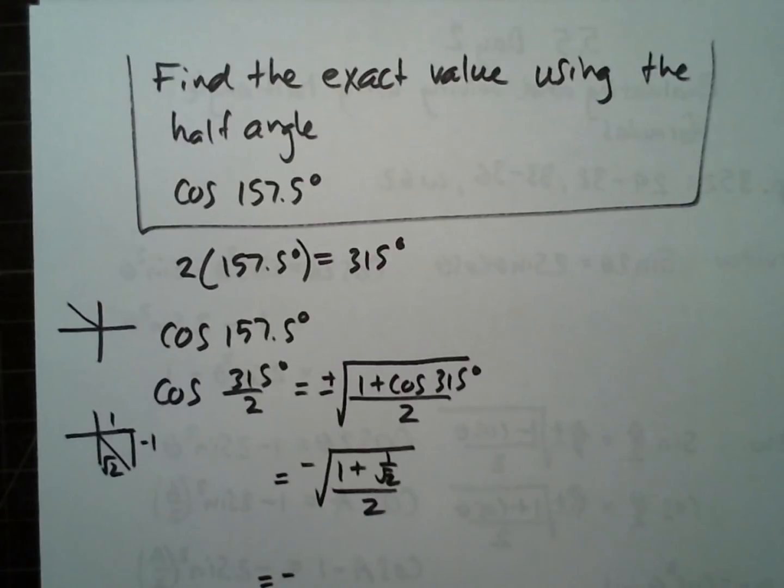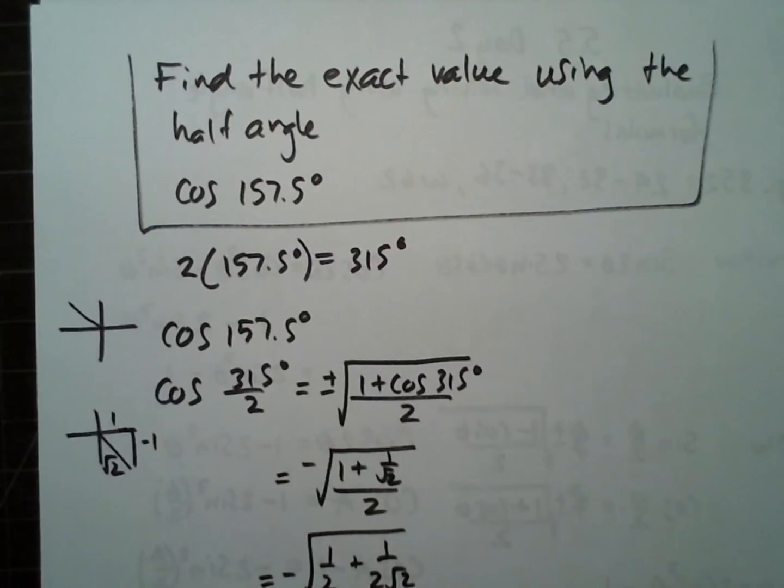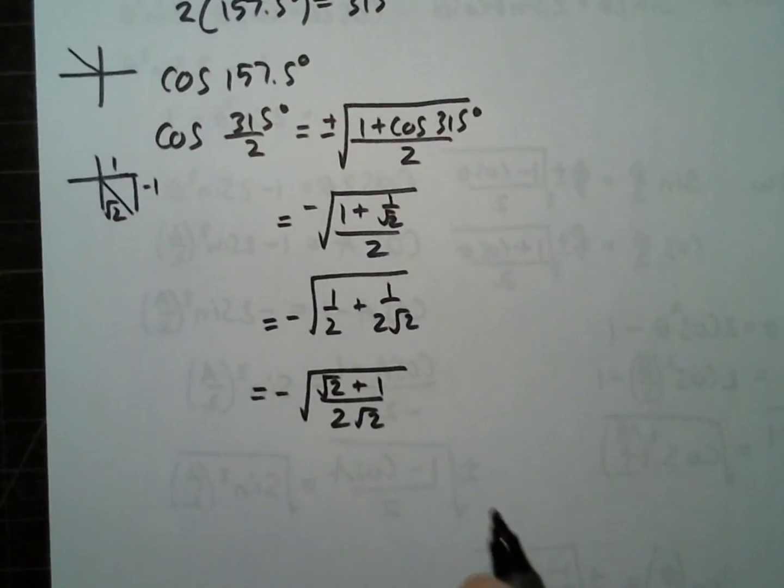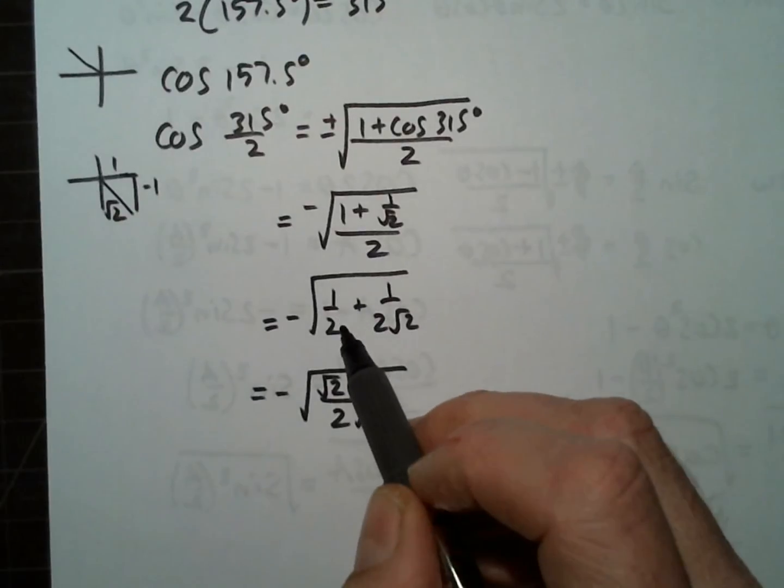And let's rewrite it as 1/2 plus 1 over 2 radical 2, just putting the 2 under each of those. Now let's get a common denominator. So this will be radical 2 plus 1 over 2 radical 2, because I'm going to multiply by radical 2 over radical 2 here.